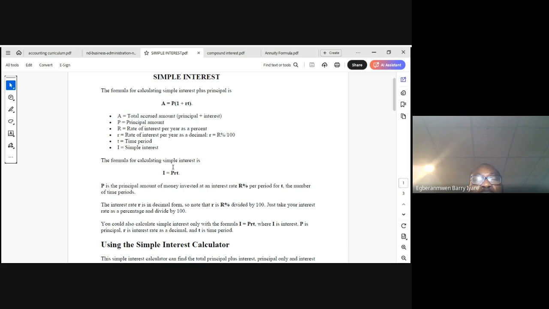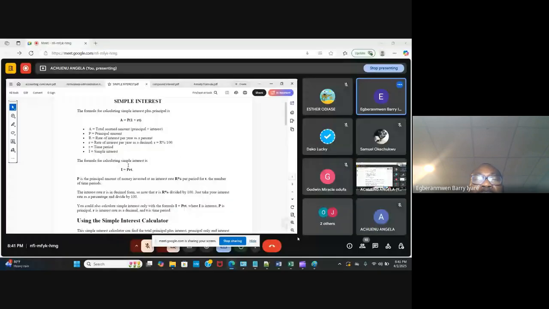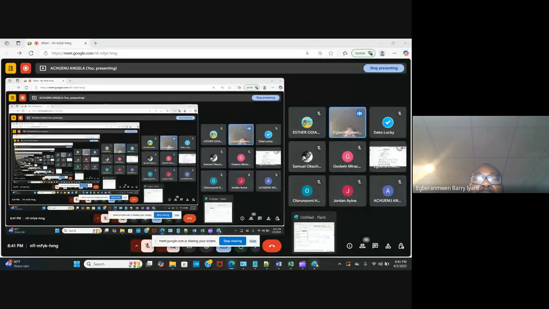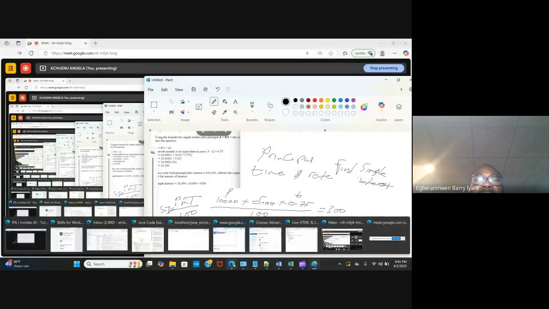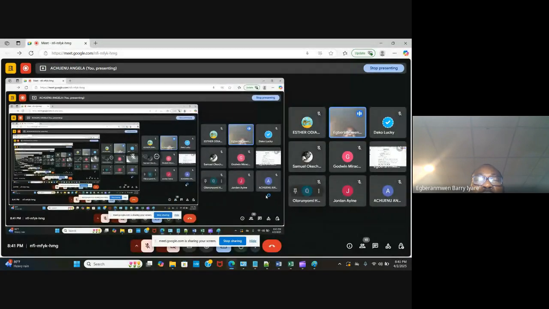Your small r will be equal to interest divided by the principal times time. Your time, if you are going to get the time, it will be small t equal to interest divided by PR. If you are going to get the principal, it will be P equal to interest divided by RT.